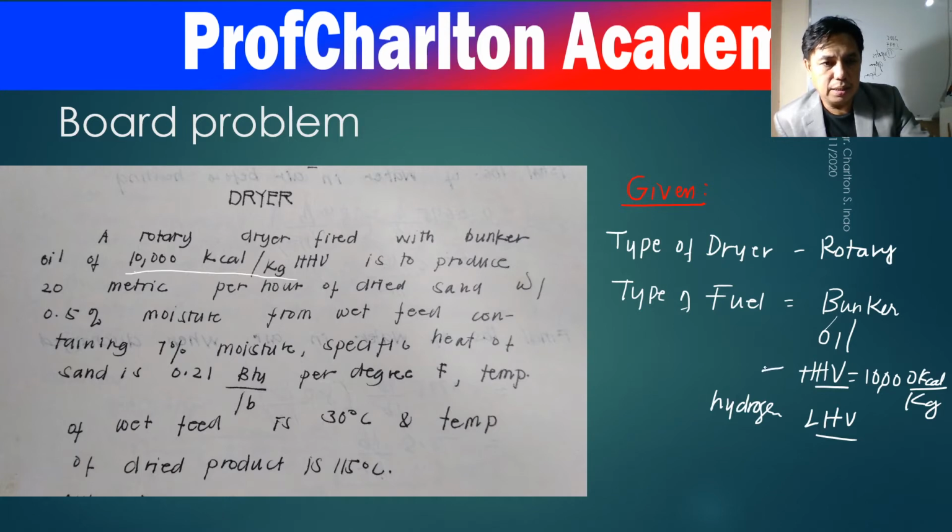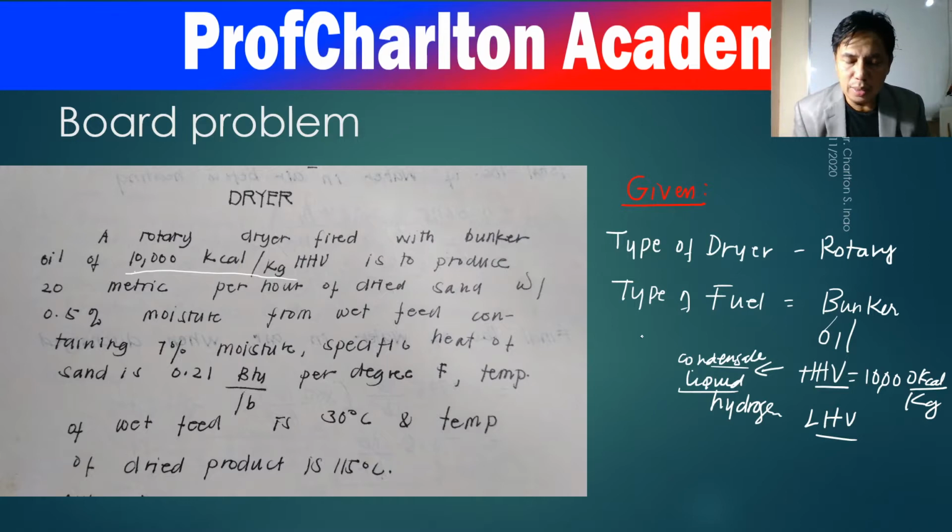And higher heating value is based on the so-called condensate or liquid. It accounts for the liquid in the process, because when the products of combustion are carbon dioxide, heat and water, there's always water in the combustion, no? It's very amazing that the liquid part is always there.